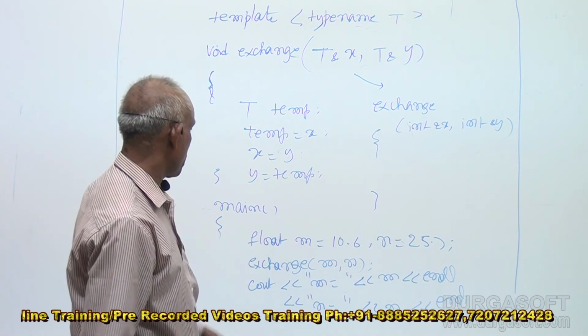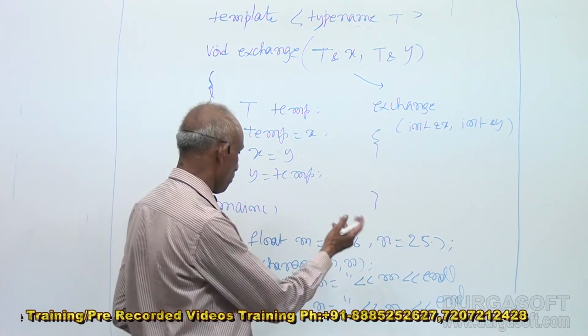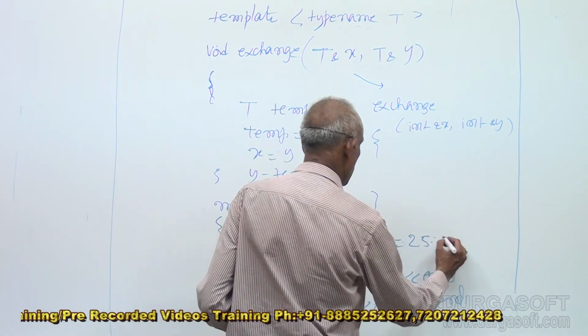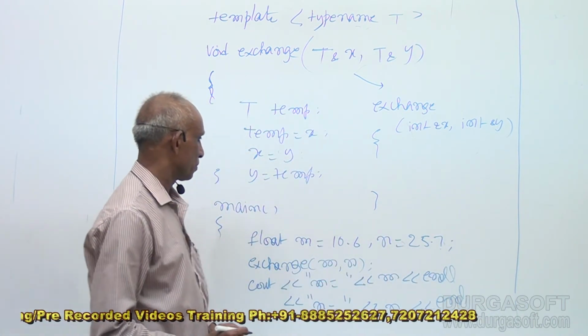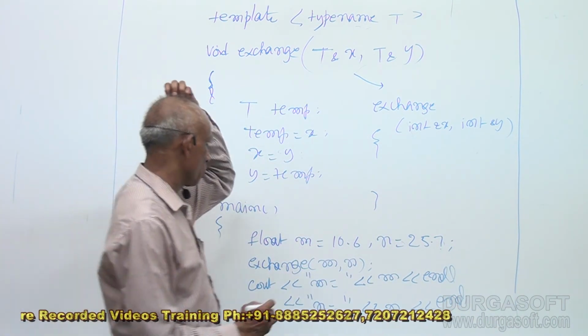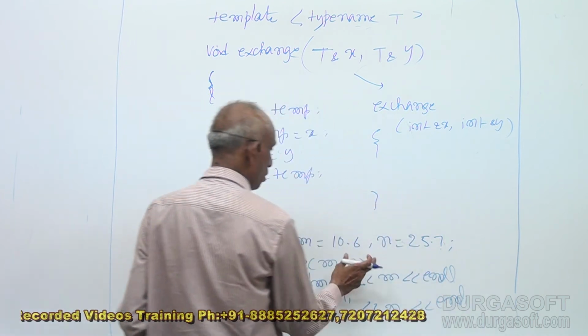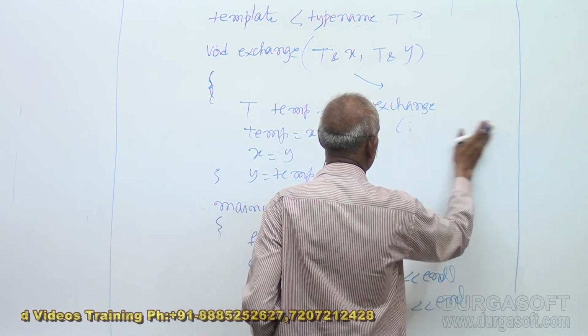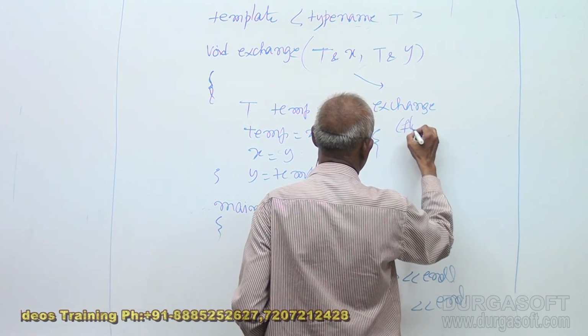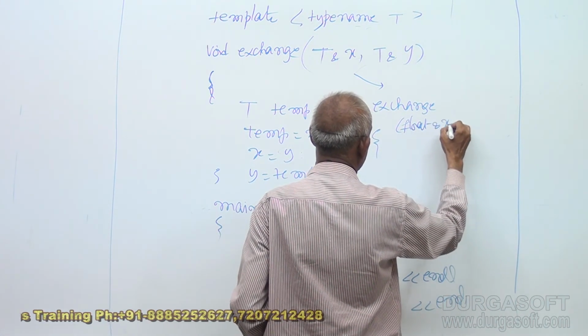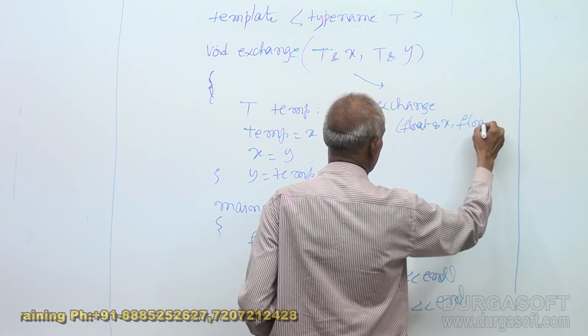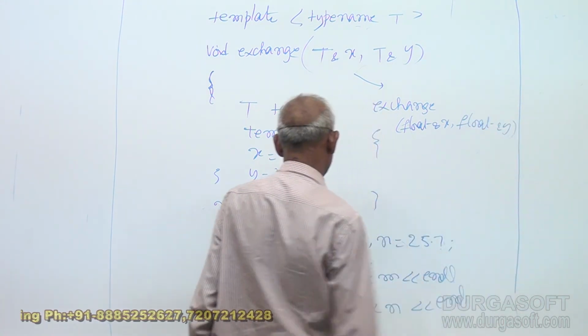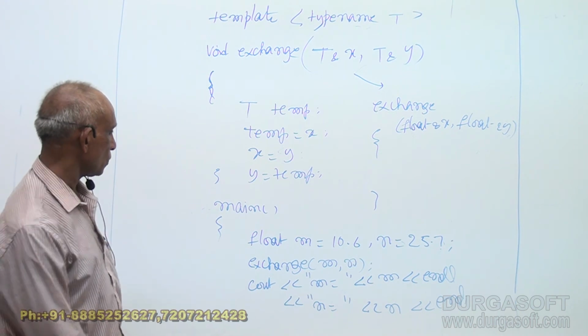So m is 10.6, n is 25.7. We call exchange function. So the version of exchange invoked here is float, because you are calling with float values. So the version of interchange is float& x, float& y.